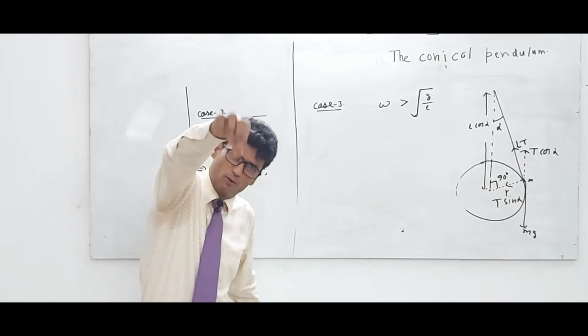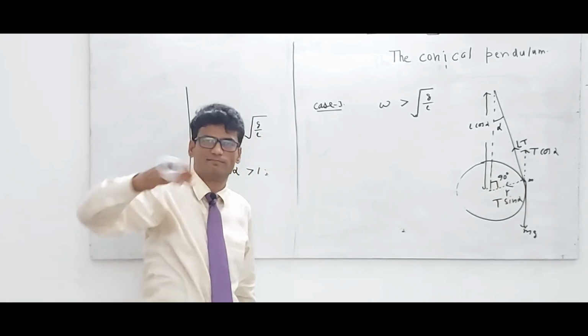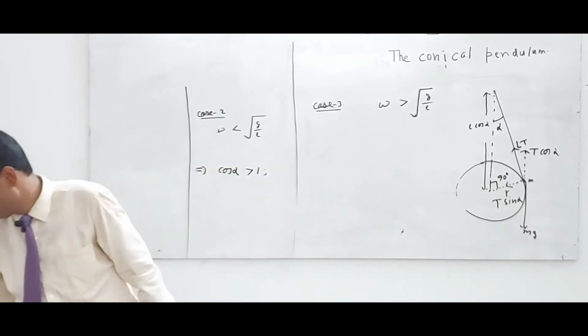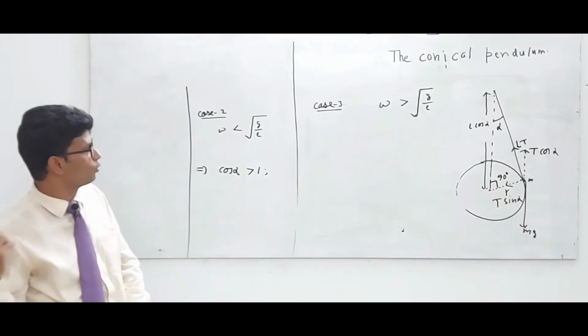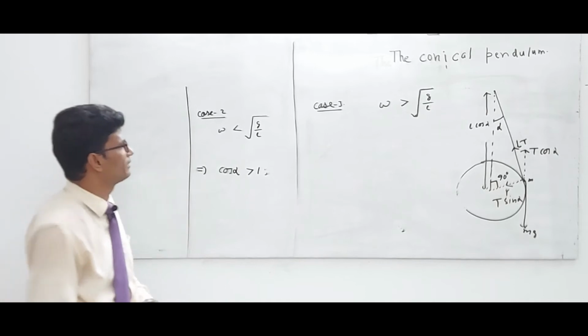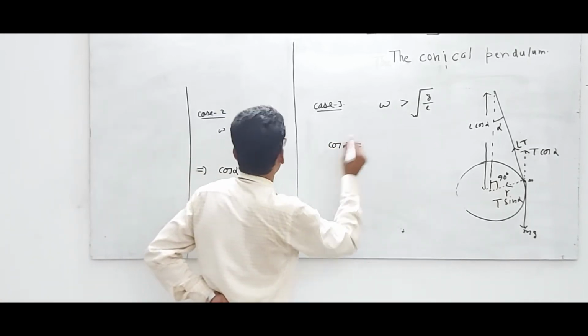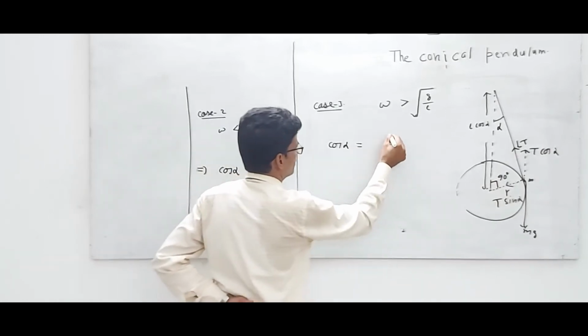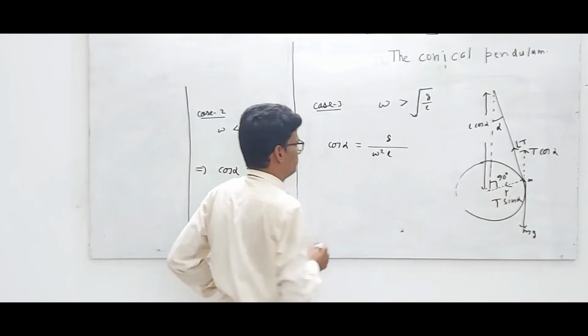Then it almost becomes horizontal. In practical situations, I have shown you, but look at here, cos alpha is g over omega square L.